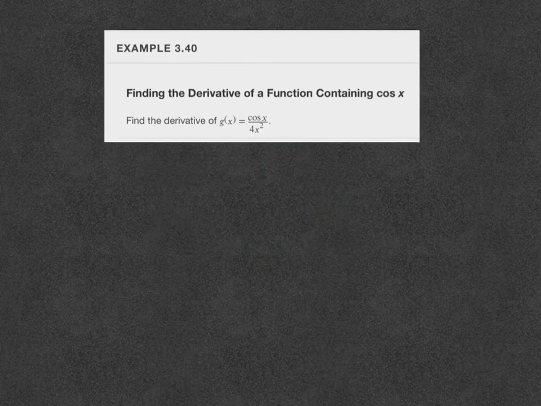Let's do one more here before we move on with a little quotient rule action. Now we have a numerator and a denominator, so I'm going to call my numerator f, and my denominator is g. There we go. All right, so when I take my derivative, g prime of x, differentiate the numerator first, negative sine x.